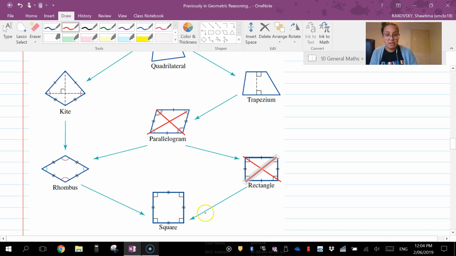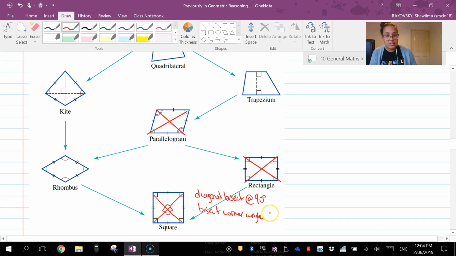And the other thing to note is that your diagonals for squares bisect, so they cut each other in half at 90 degrees. I'm just going to draw this in haphazardly, that is going to be 90 degrees for all of them. And the other thing to note is that they bisect the corner angle.